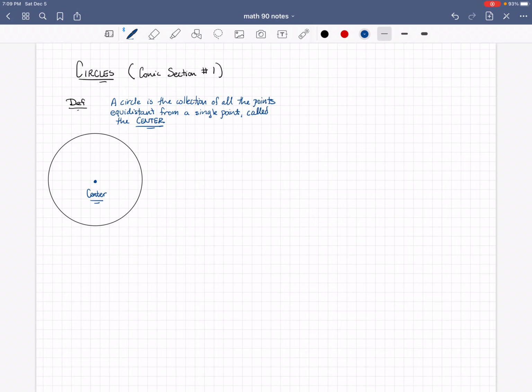Okay, so you'll see here I drew a circle, and on the inside I marked the point that is its center.